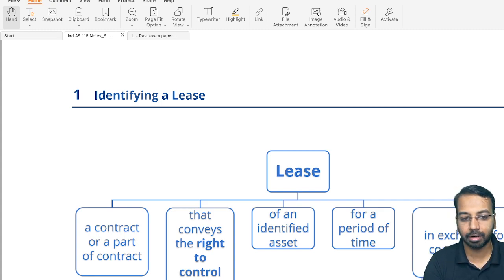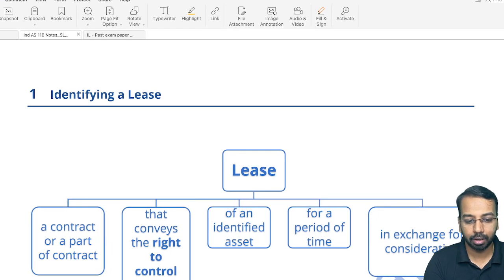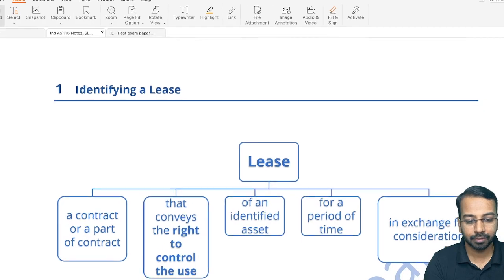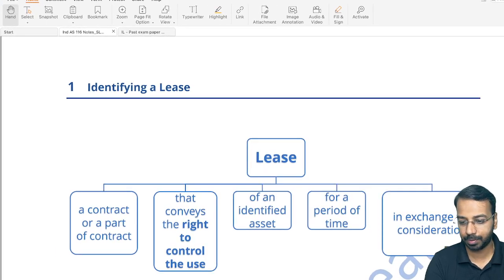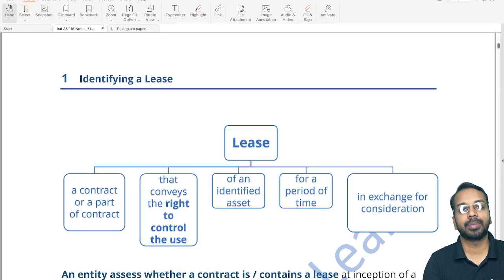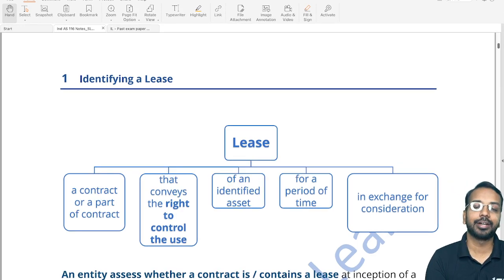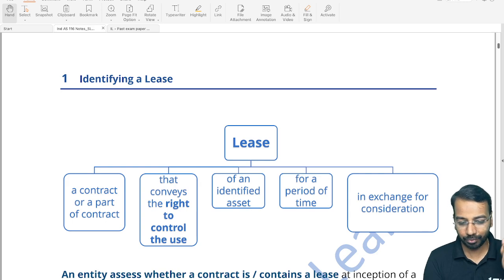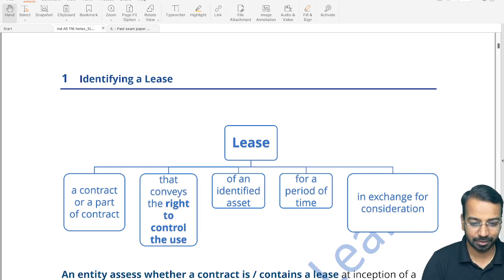It would be more like a broad coverage so that we are able to understand the requirements for the examination purpose. Yes, still if you have a doubt, you can ask it here. Even if after that your doubt is not clear, you can make use of our forums where you can ask doubts. Right. So let's start with Ind AS 116, and I have tried to simplify this standard as much as possible compared to the textbook. I hope we are ready to go. Let's start with this.